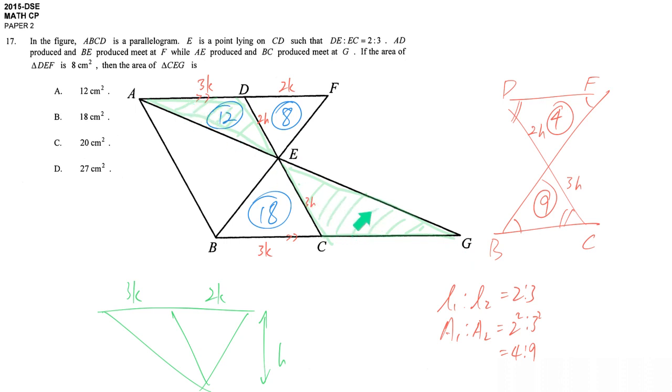And then their length ratio again is 2 to 3. So it's exactly the same calculation here. This area to this area is also 4 to 9. So 4 times 3 becomes 12, and 9 times 3 will give you this area. And our target is to find out the area of CEG. So we already get the answer.